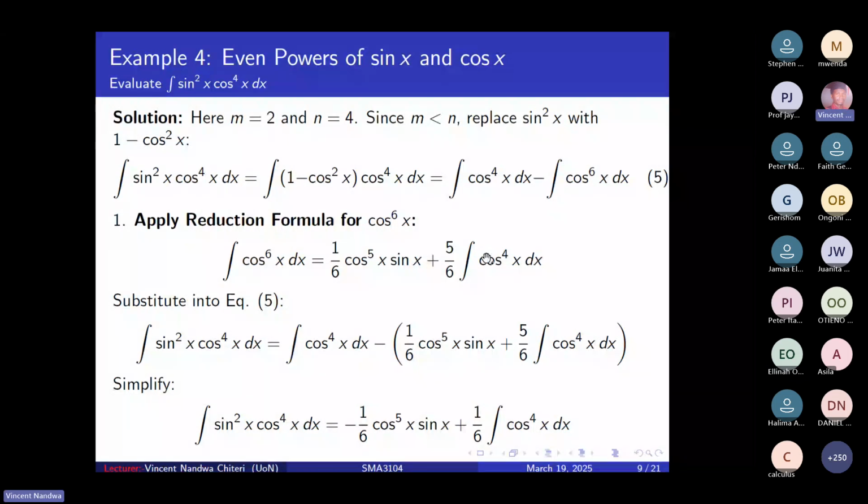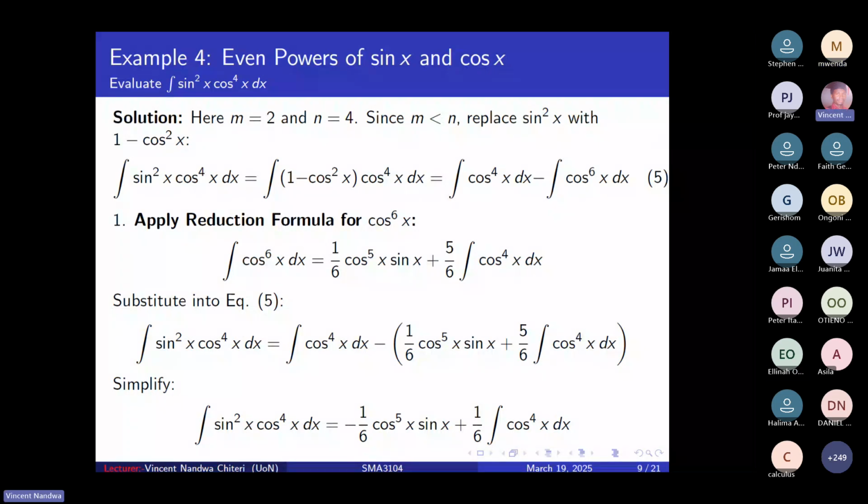When you apply the reduction formula to the integral of cos power 4 x dx, there will also be a part where we'll have now cos squared x dx. Then with the integral of cos squared x dx, you get its answer from the previous steps we have shown. Then you bring all of them together.